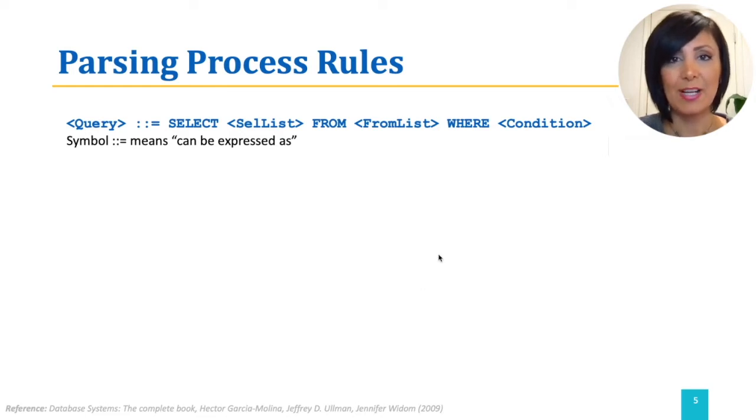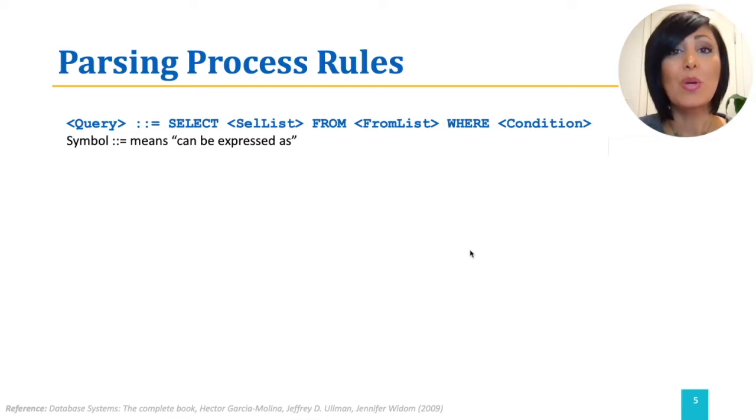The query syntactic category can be expressed as select list, from list, where condition. Note that this is a simplified syntax, which does not include distinct, group by, order by, or other possible queries. But we start our discussion with this simple example.